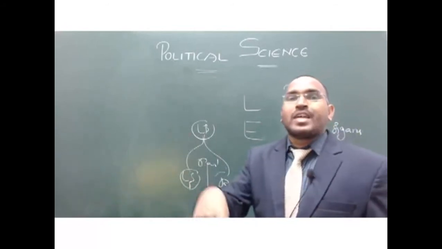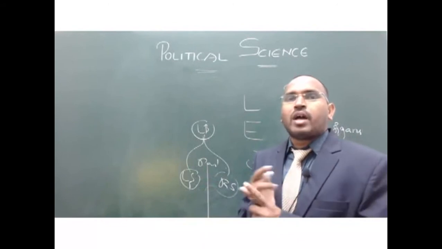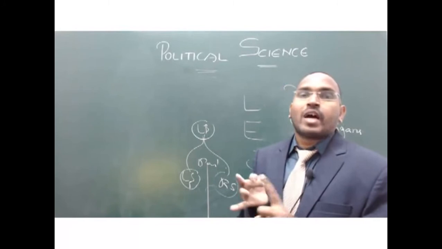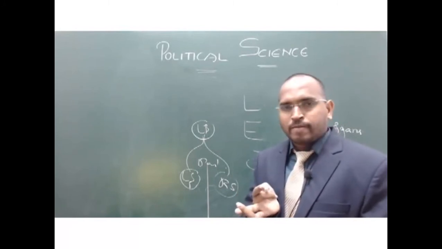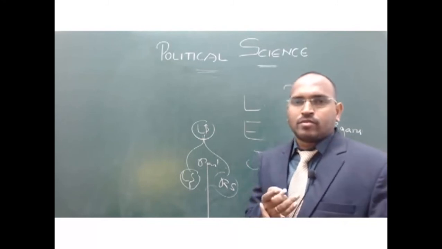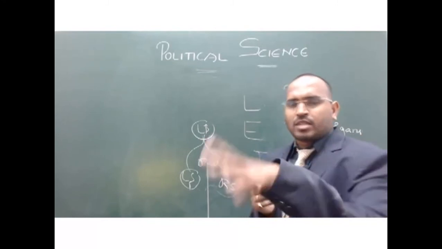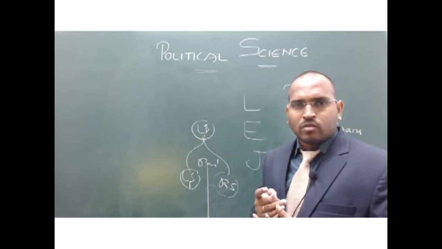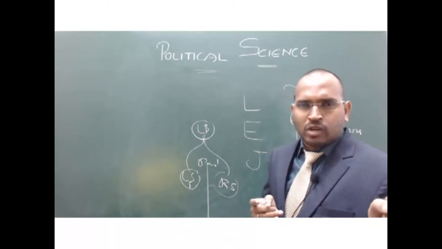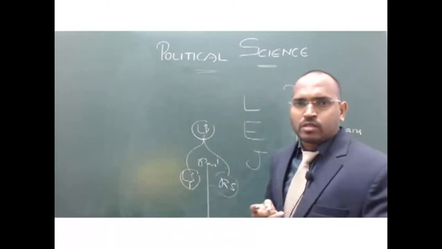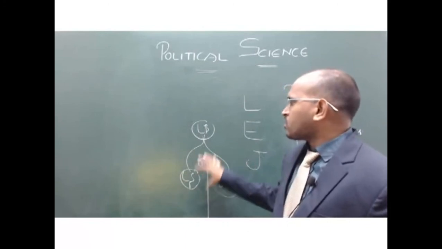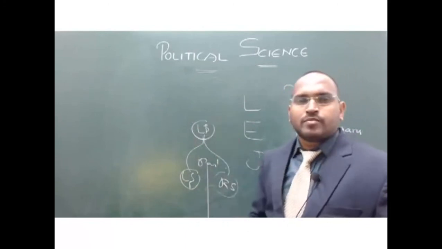In the state governments, there are Vidhana Sabha and Vidhana Parishad. For some states, Vidhana Parishad won't be there; some exceptions are there. But Vidhana Sabha and Vidhana Parishad are the legislative bodies for the state governments, in the same way Lok Sabha and Rajya Sabha are for the central government.